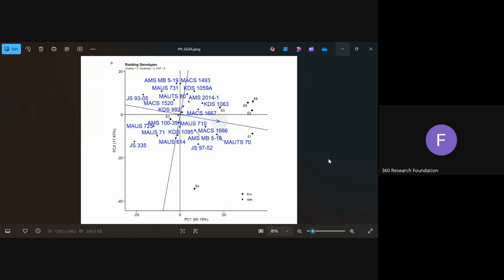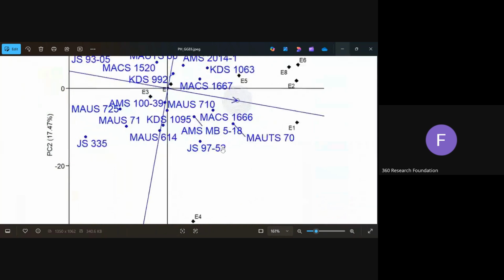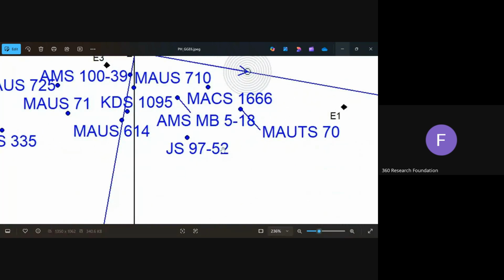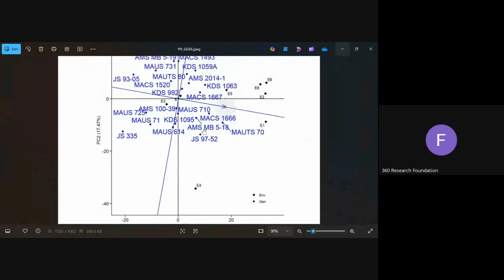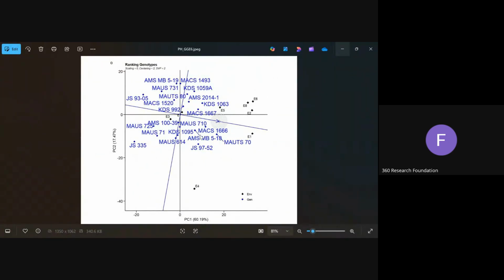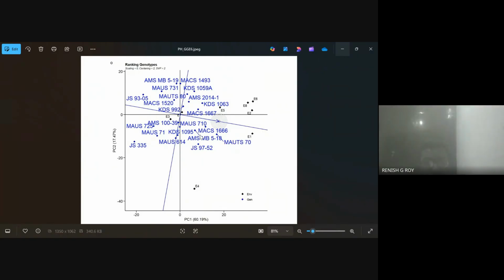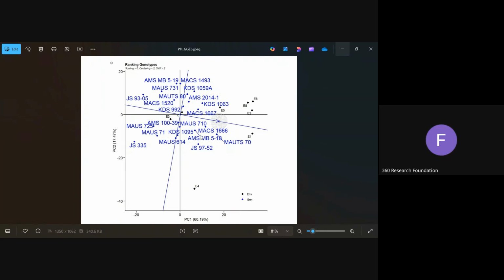So here also you can see some concentric circles are there. I will come to that point. So to repeat what it is used for: the heading is ranking of genotypes across environments. It is useful for selection of stable and high performing genotypes.